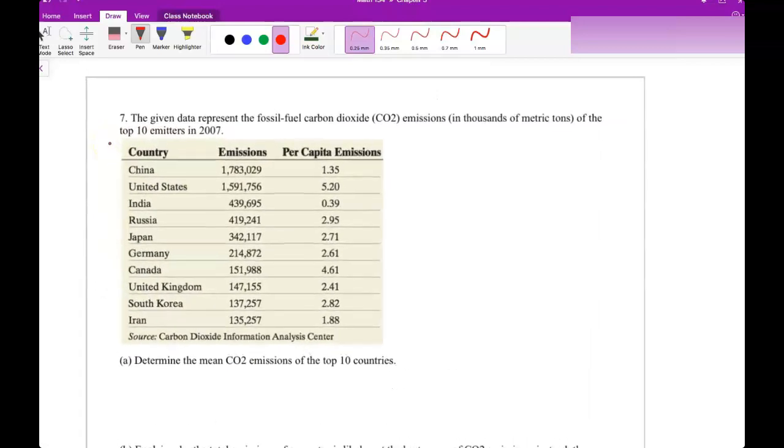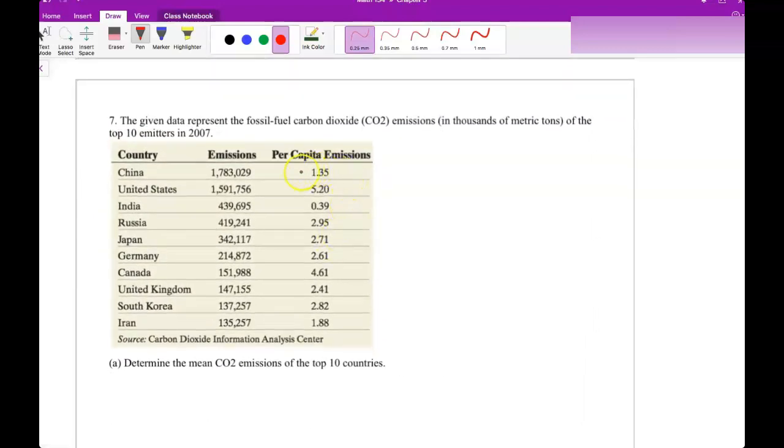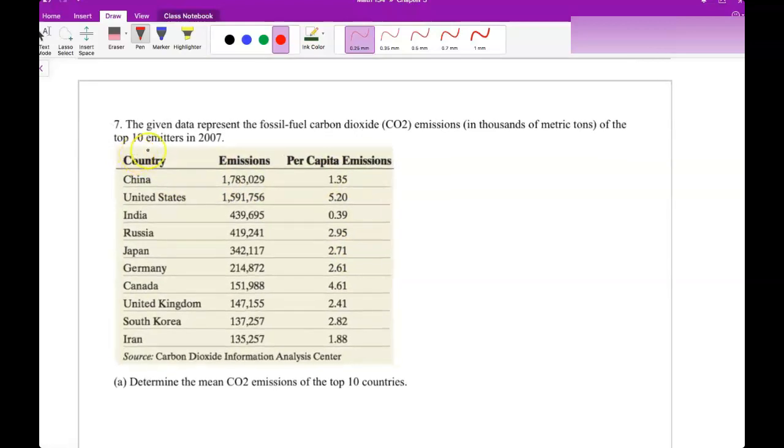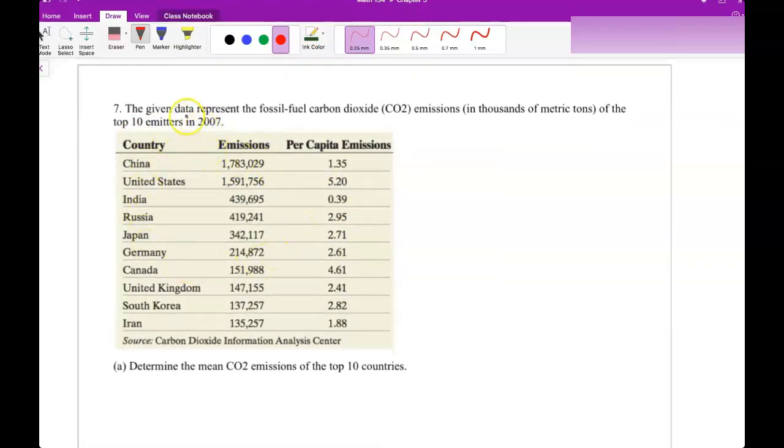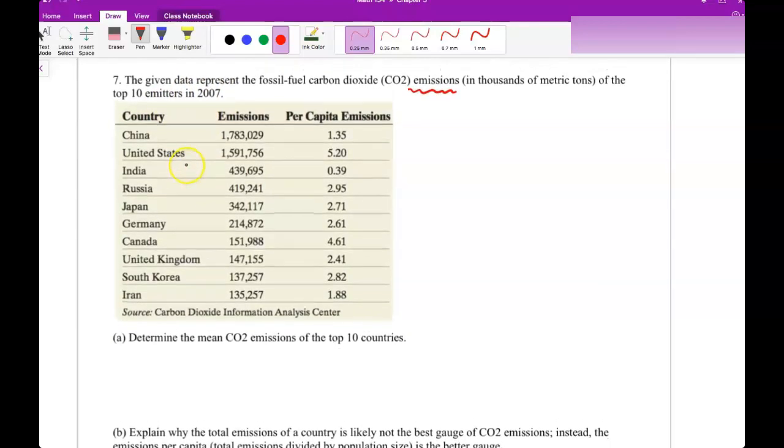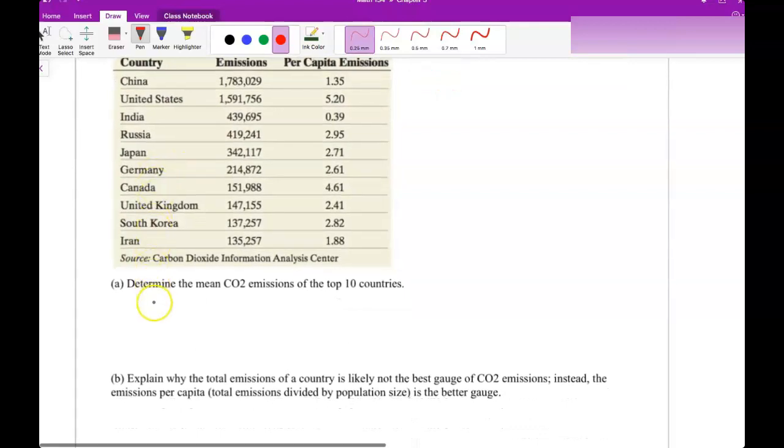Next page, example number 7. Here we have this table that gives data representing carbon dioxide emissions in thousands of metric tons, for the top 10 emitters in 2007. So this data is for 2007, and in total we have 10 countries. Determine the mean of the top 10 countries.